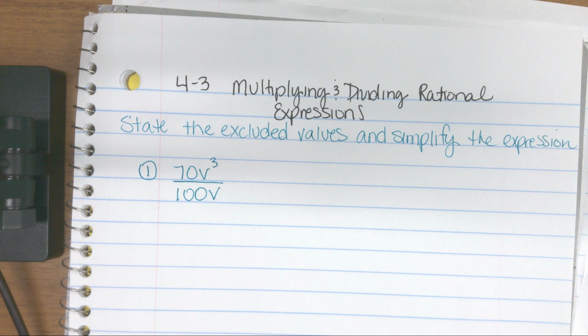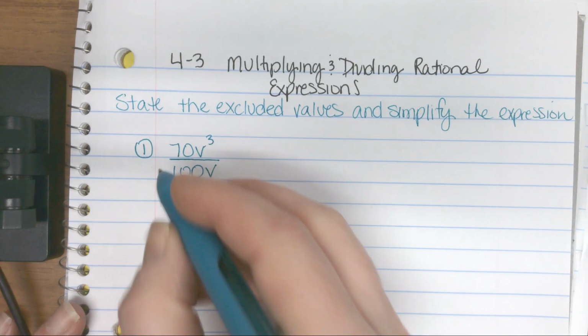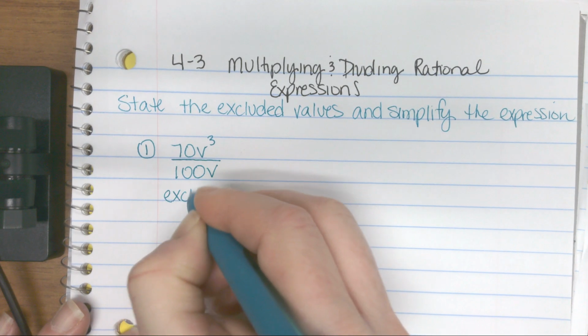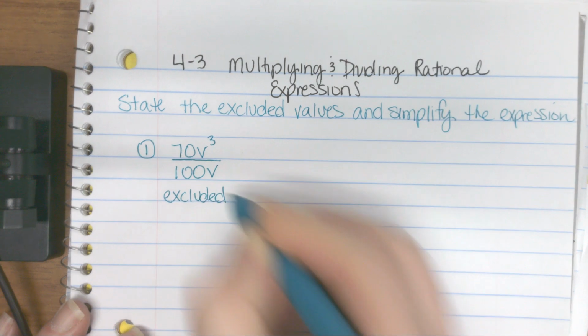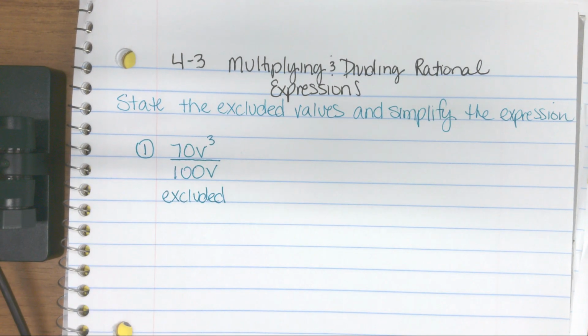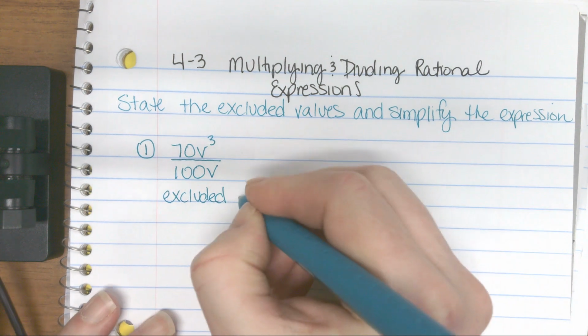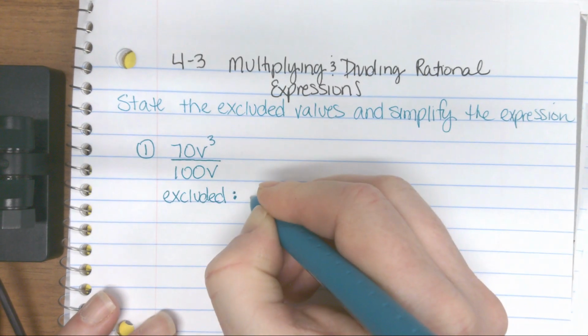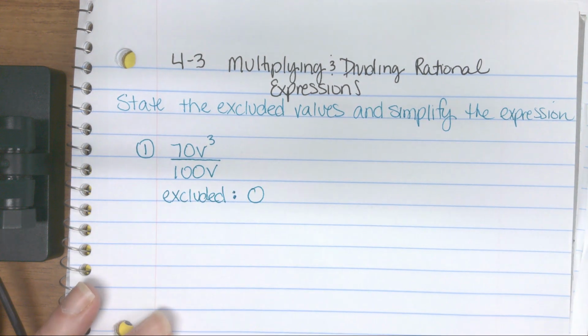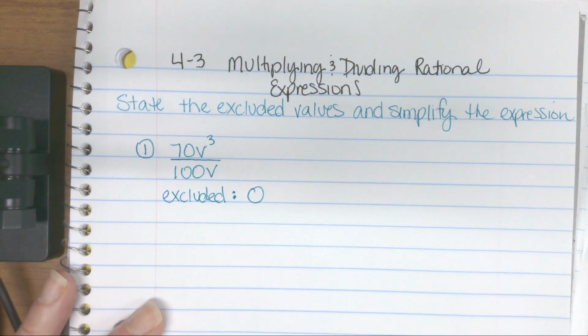The excluded values would be what I would put into the variable that would make the denominator 0. What's the only thing that would make the denominator 0? If v were 0. So the excluded value here is when v equals 0, which would make the fraction undefined.